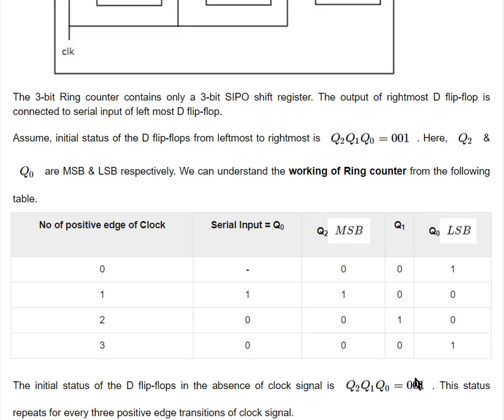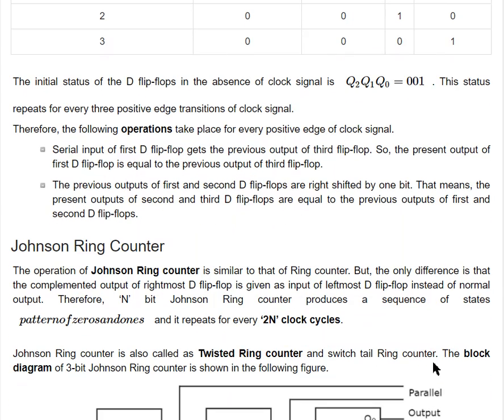So it has performed the ring operation, and that is why it is called a ring counter, because it counts the value. See here, 0 0 1 first, so this is nothing but counting. After 3 counts, it will generate the same output as the initial output.